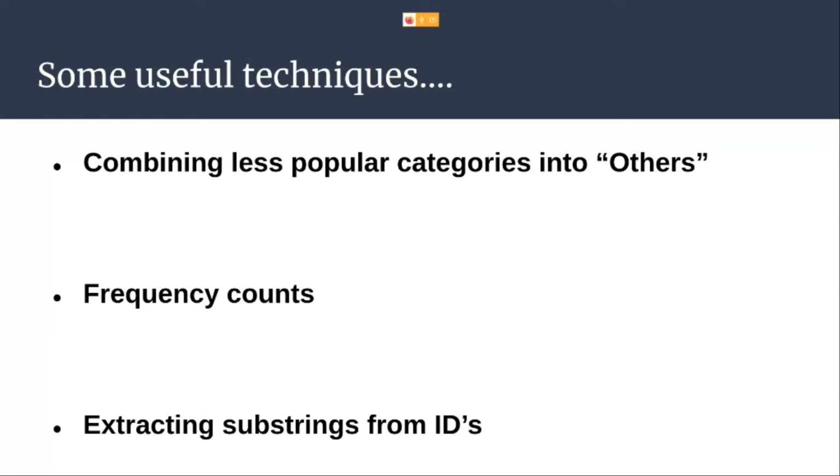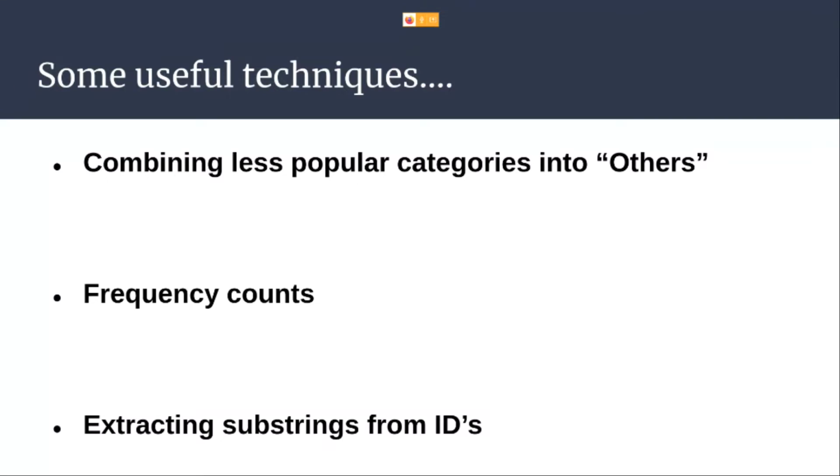You can have very popular companies like Amazon, Flipkart, Myntra, and a few less popular companies which occur very rarely in the column. For those, you can just keep them in a category called others. Because if you have fewer categories, it is helpful in creating clusters.